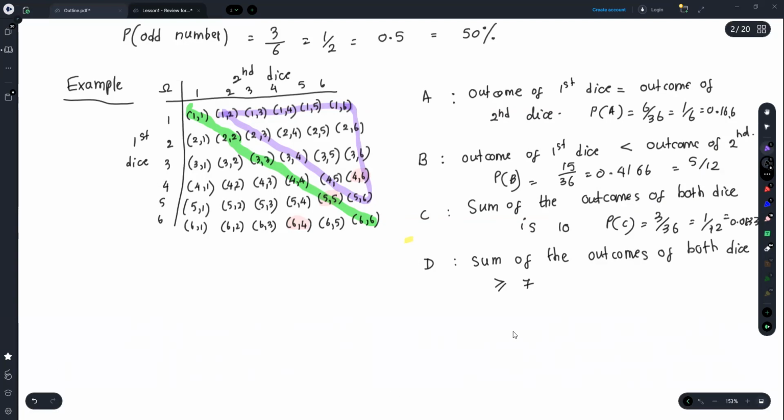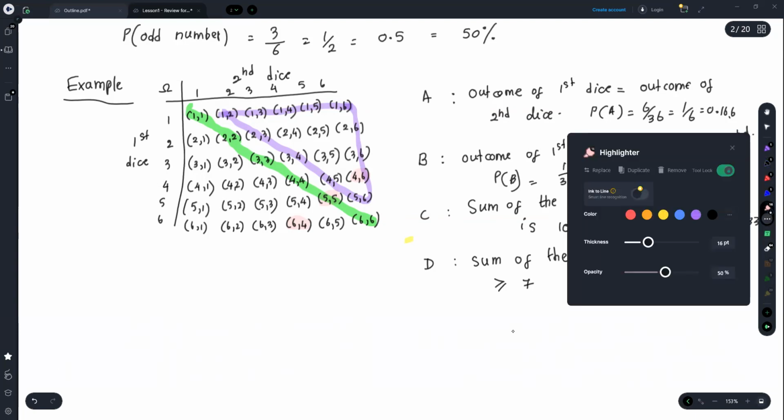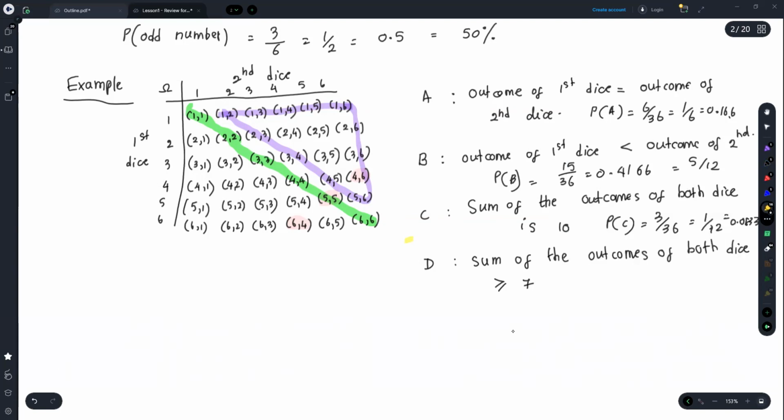So the last one is: the sum of the outcomes of both dice should be greater than or equal to 7. What will that be? Greater than or equal to 7. So 7 or greater than. So we have the set here.